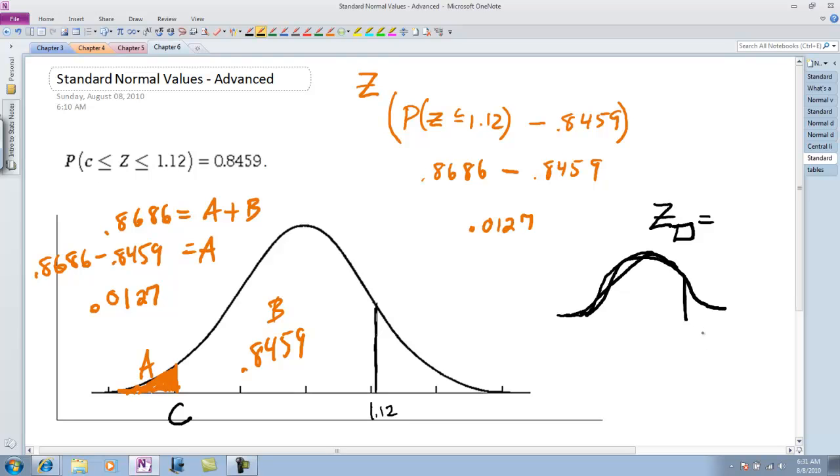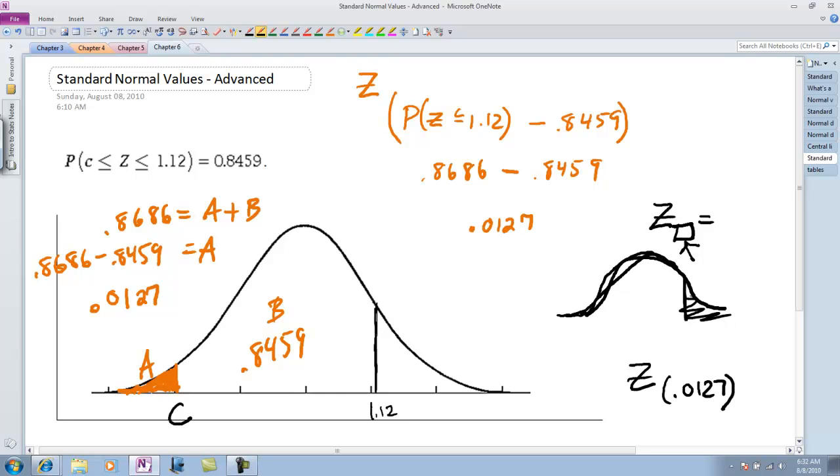And if you put in Z of 0.0127, it will return to you a value over here because it looks up what Z value will cut off this percentage to its right. Okay?